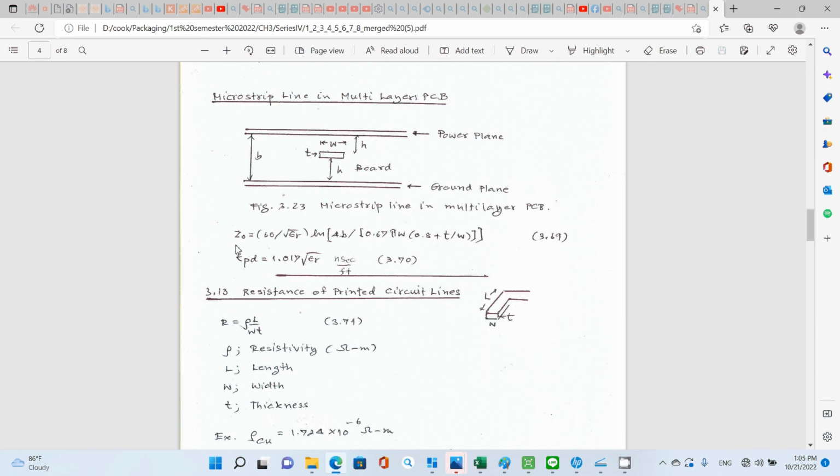Your characteristic impedance is going to be this equation, and this is your TPD, the propagation delay time in the unit of nanoseconds per foot.